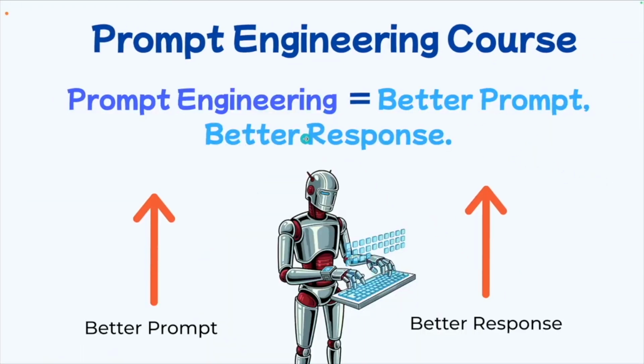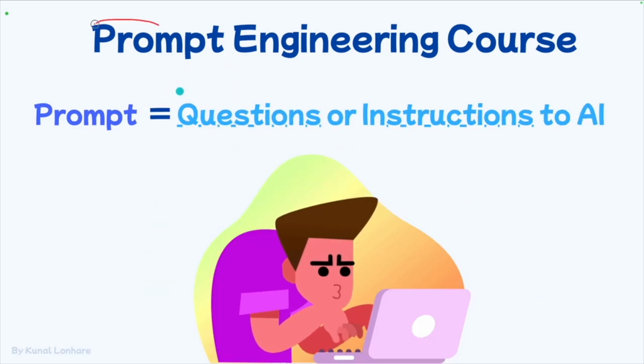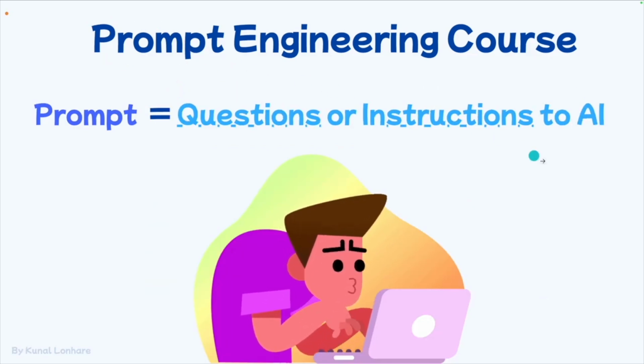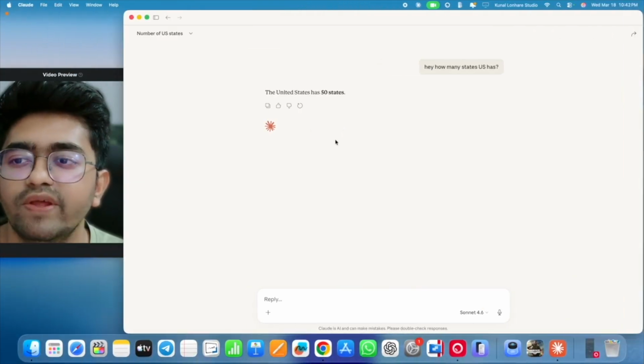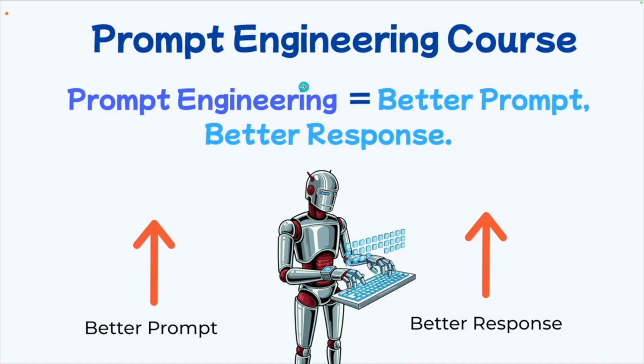Now let's go and understand the concept of prompt engineering. For now we have understood what a prompt is, but what is prompt engineering? When we talk about engineering, what engineering means is to build something better. If you talk with civil engineers, what they do is create a better bridge, a better construction. That is what engineering is all about.